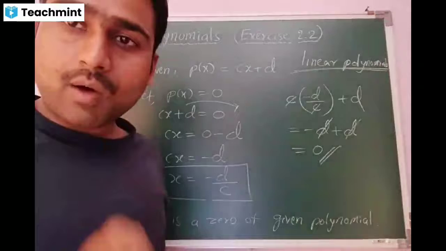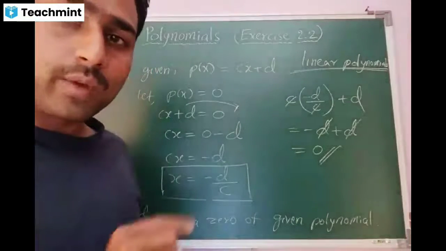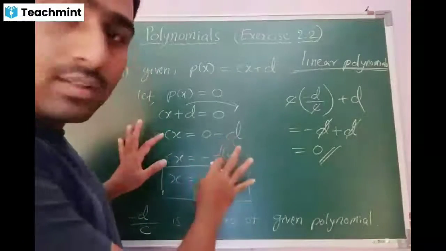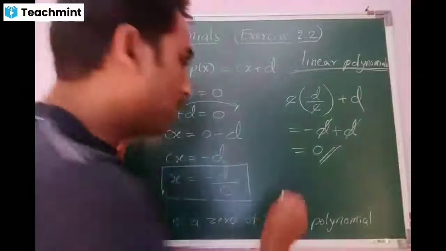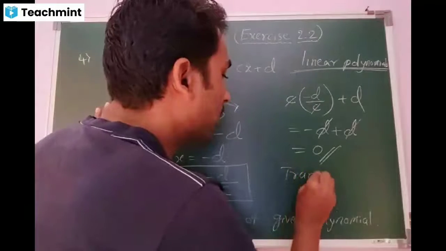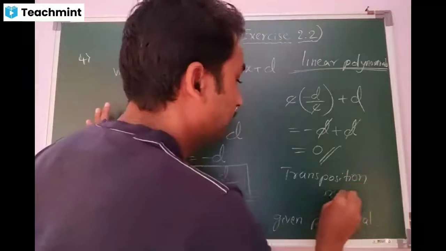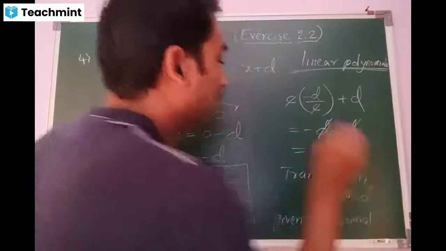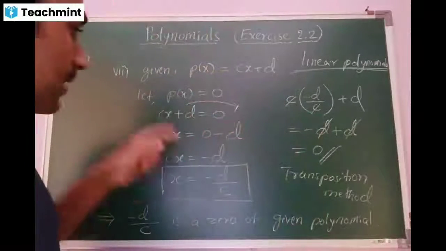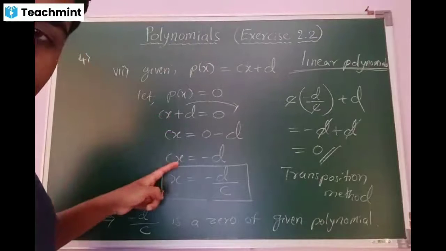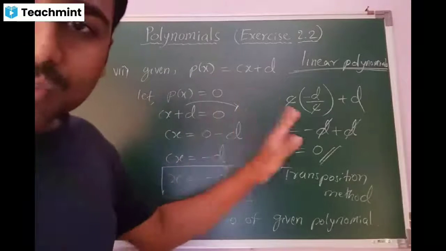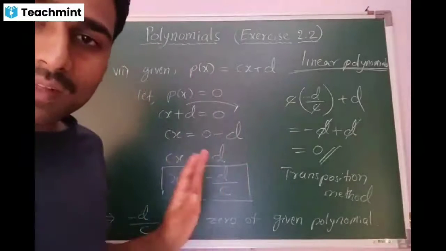The highest power of the variable is 1 everywhere. So the method is very simple. This method we call the transposition method. Keeping the variable on one side, that is the left side, and sending all other terms to the right side to get the final answer. Is that clear?